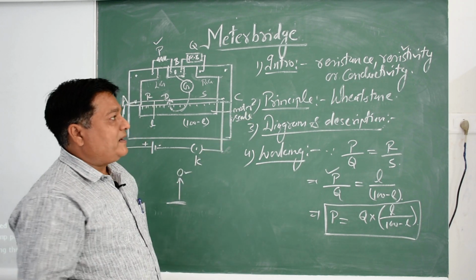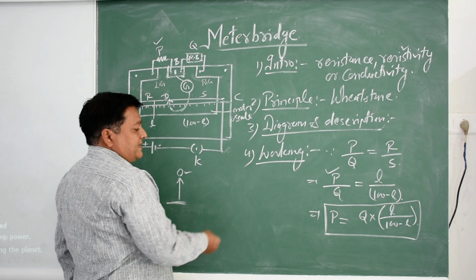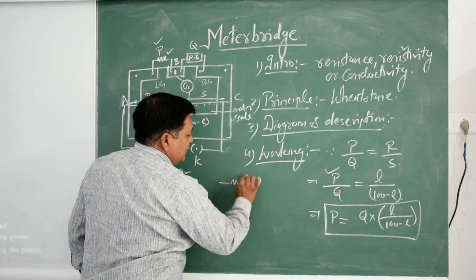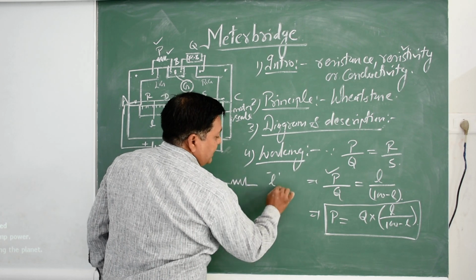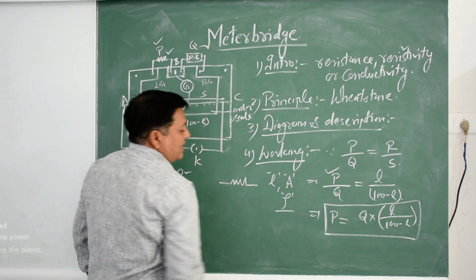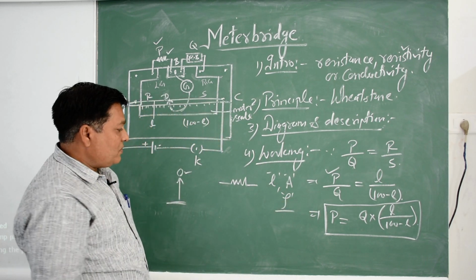If you want to find the resistivity, the specific resistance, this wire which is attached has a certain length L and an area of cross section A, and the resistivity of the material of the wire is rho.